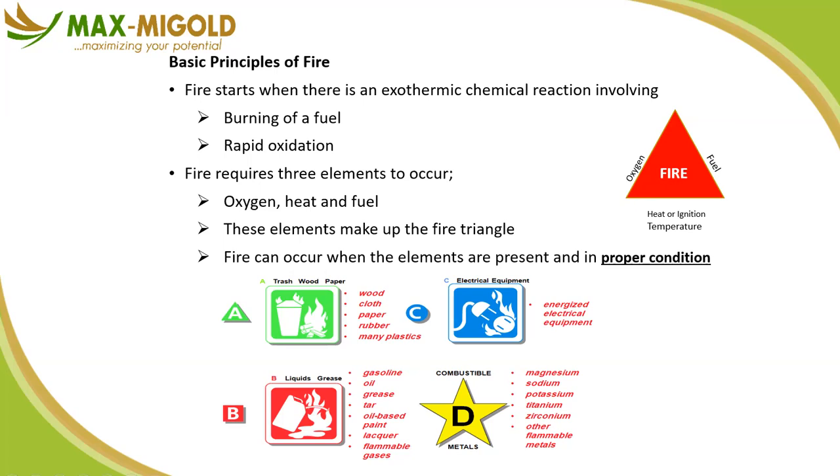As soon as you have the ignition temperature, if that temperature is sustained, then it moves into what we call the burning point. There's the temperature at which a material will catch fire. That's the ignition temperature. There's the temperature at which the fire will be sustained. That's the fire point.